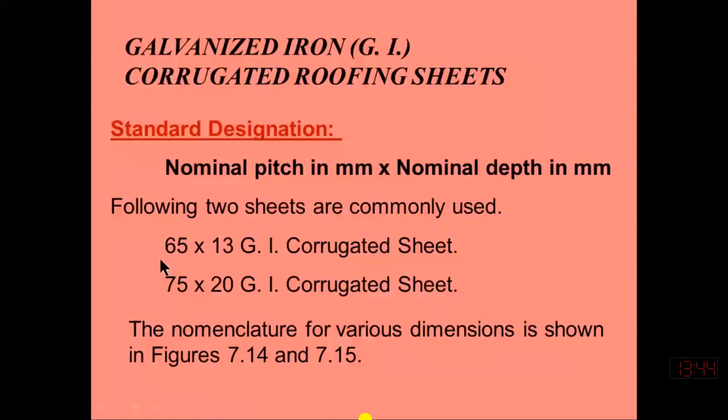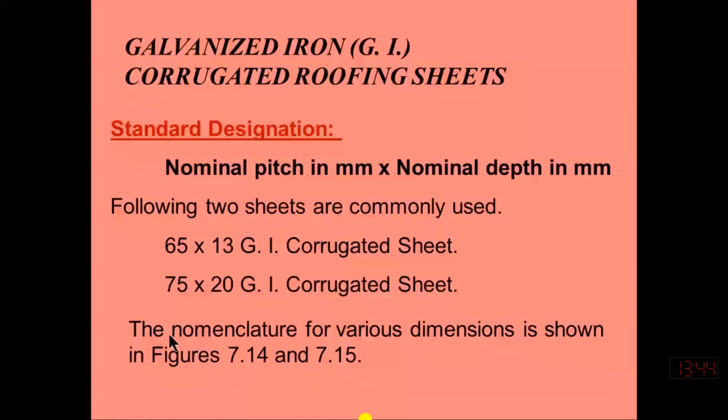Similarly, 75 into 20 GI corrugated sheet means a corrugated sheet with pitch 75 and nominal depth of 20 millimeter. Nominal depth means that the actual depth may not be 20, it may be 19 or 21.